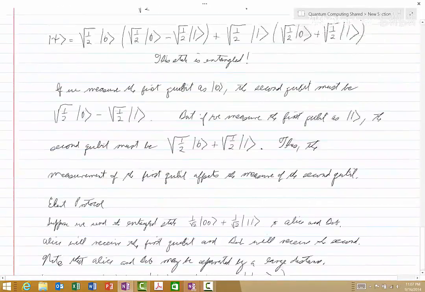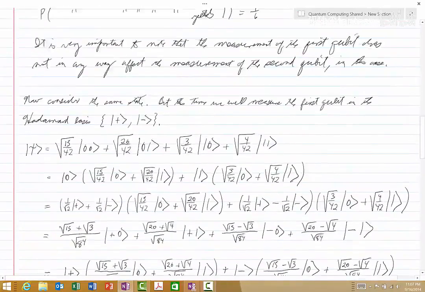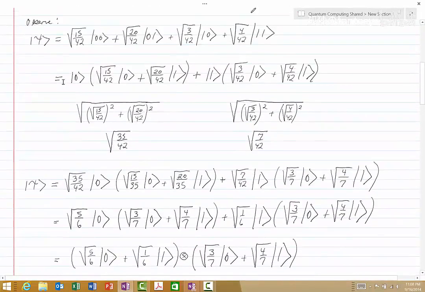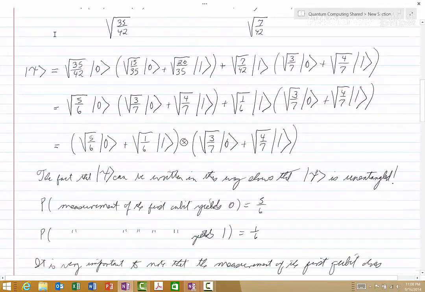For instance, just to emphasize this point, let's go back up here to the first example we looked at. If the person sending Bob and Alice were sending this state, well, as we can see from this analysis here, if Alice is measuring the first qubit, 5/6 of the time she should measure 0, and 1/6 of the time she will measure 1.